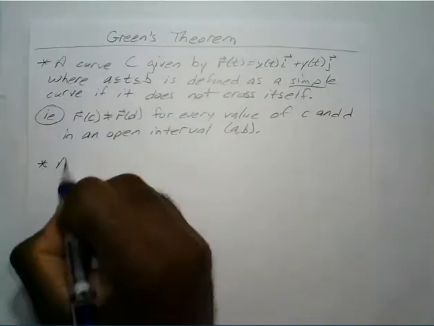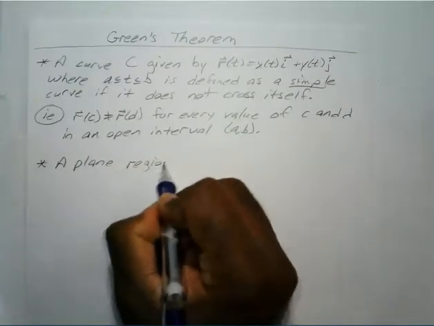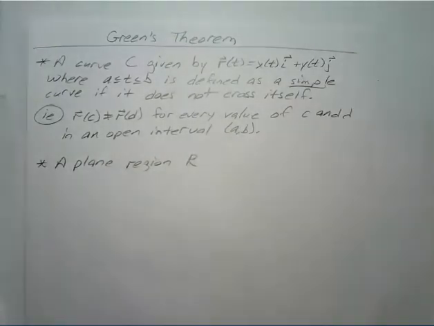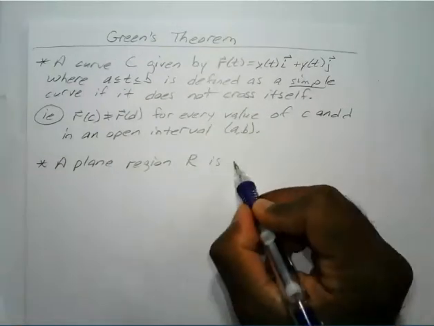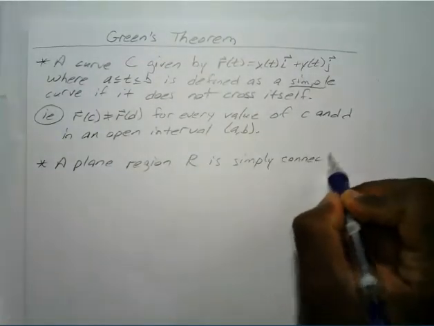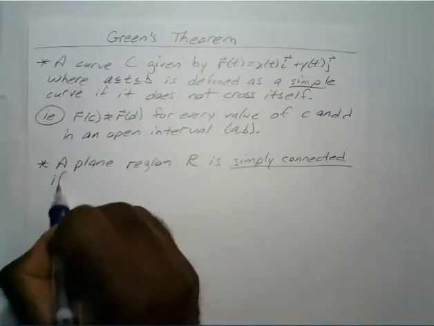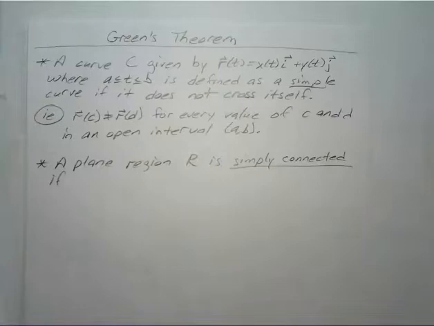Okay, now a plane region that we will call R is simply connected if you have a simple closed curve.